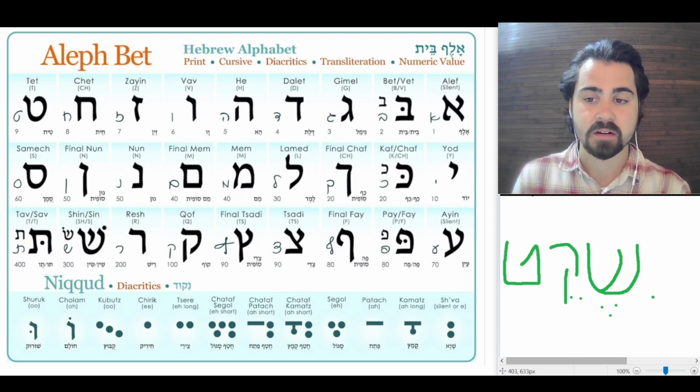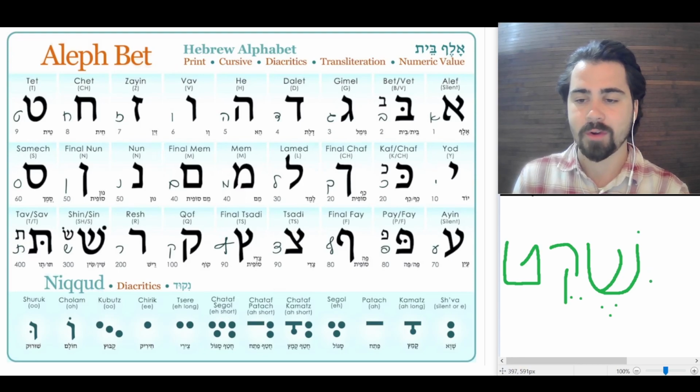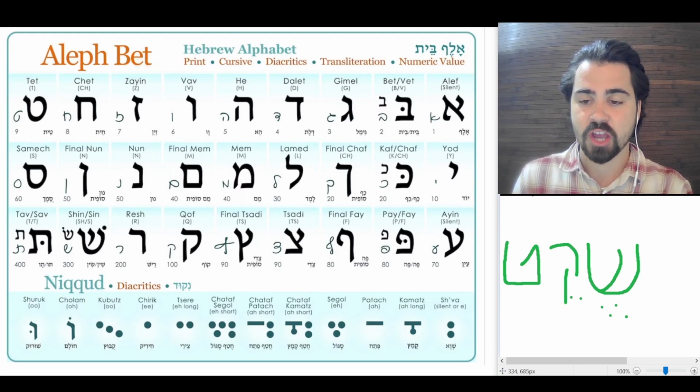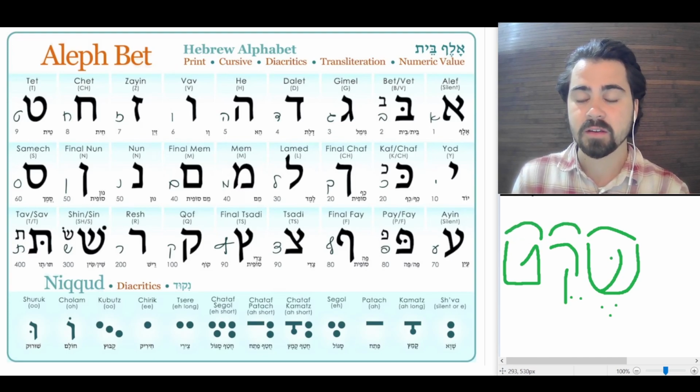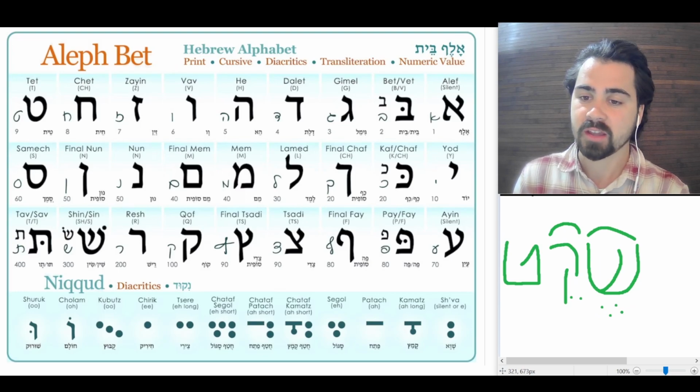What do we have here? The shin has a dot on the right, but we'll get to it in a sec. So we have she, and then this letter, we just had it, the new one, k, plus the vowel e, ke. So she, ke. Again with the tet, t, sheket. Sheket is quiet or silence.